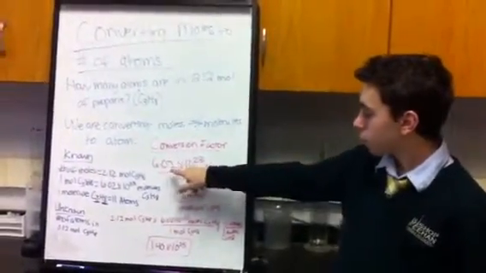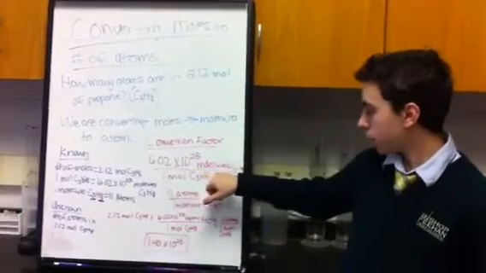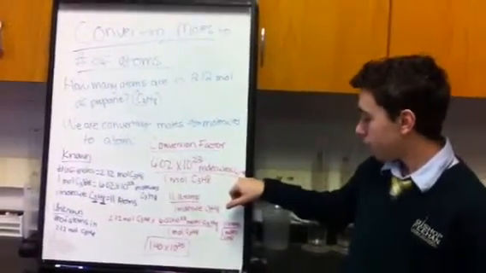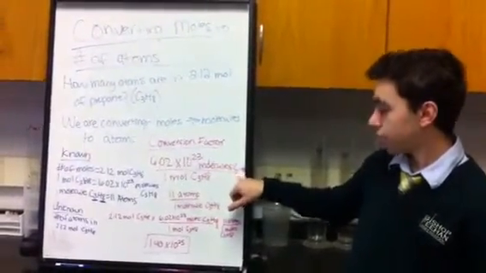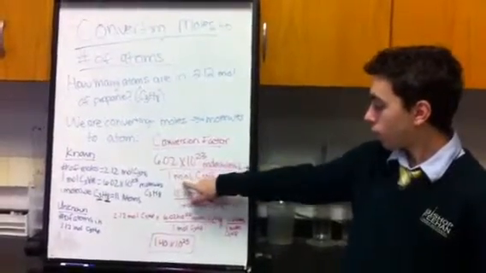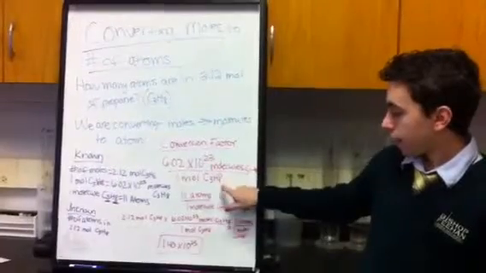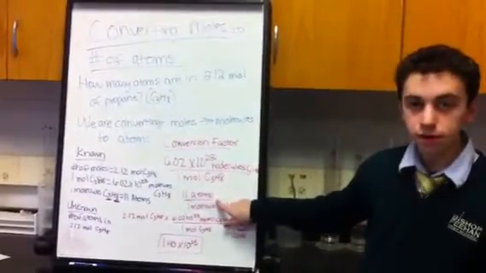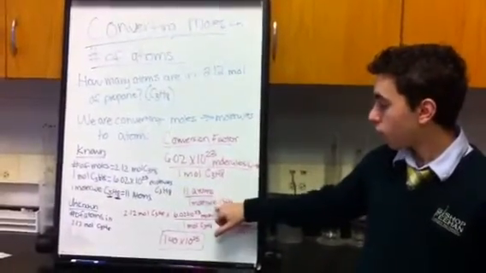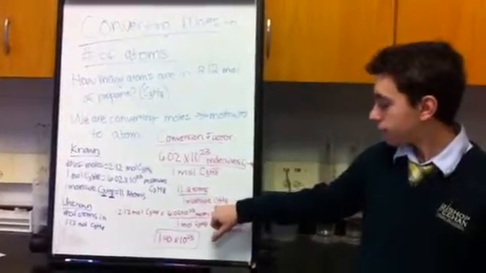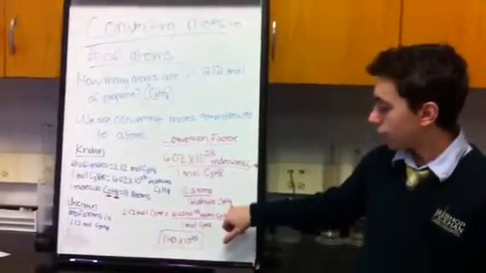We did 6.02 times 10 to the 23rd molecules of C3H8 over 1 mole of C3H8. And then we make another conversion factor, 11 atoms over 1 molecule of C3H8.